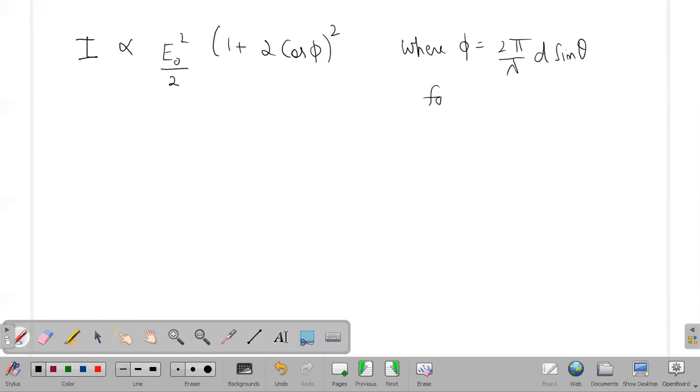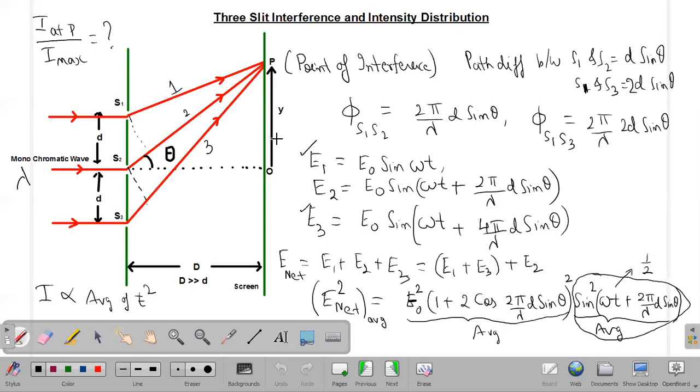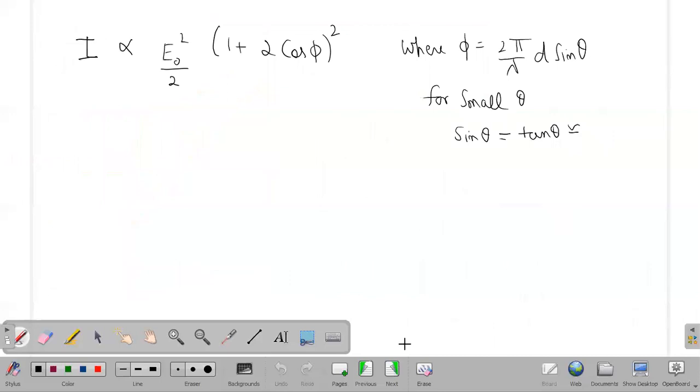For small values of theta, you can use the fact that sine theta equals tan theta approximately, and then it can be approximated in terms of the linear distance, y over capital D.